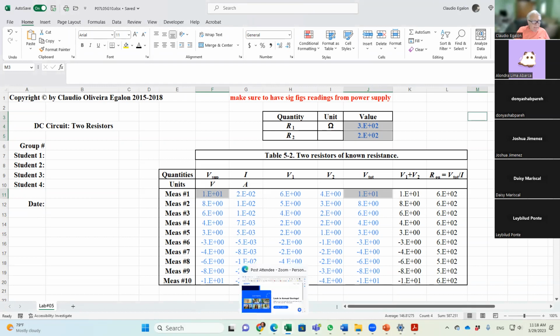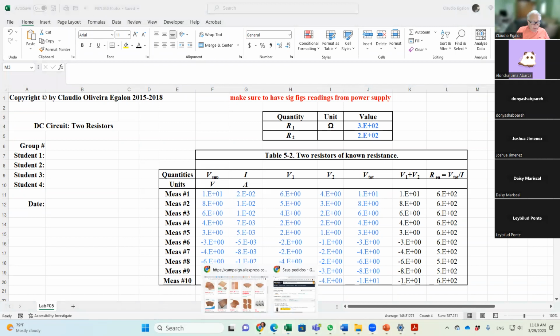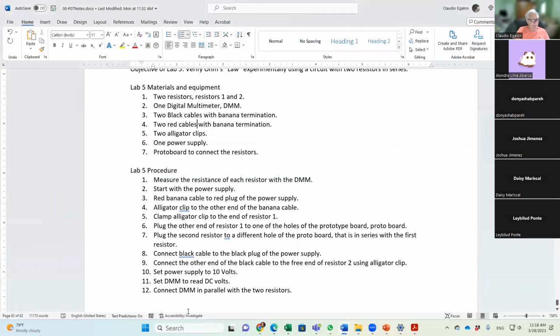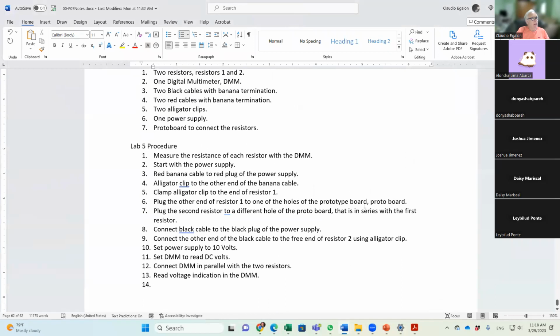Again, in parallel with the two resistors, read the voltage indication in the DMM.